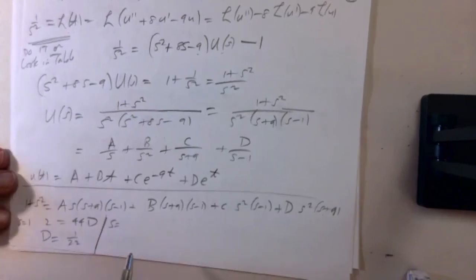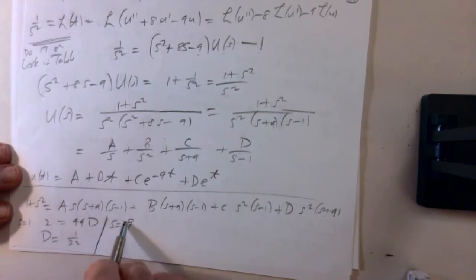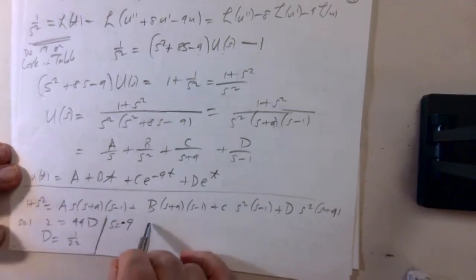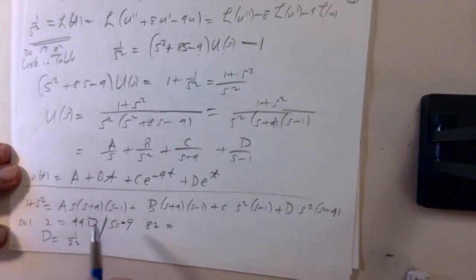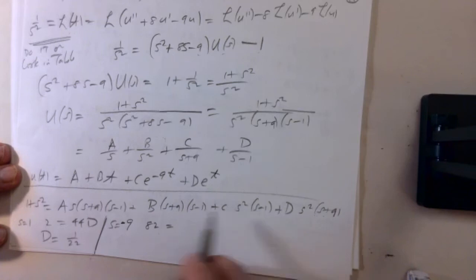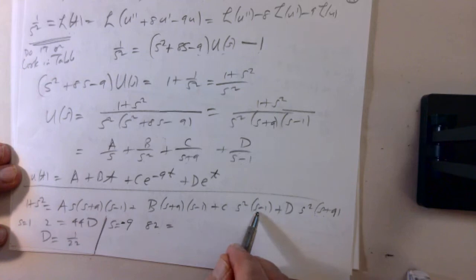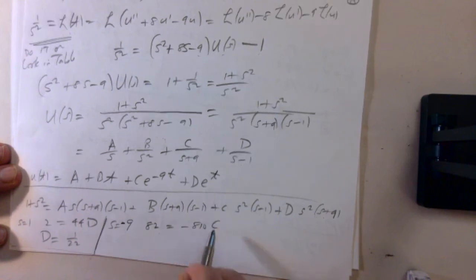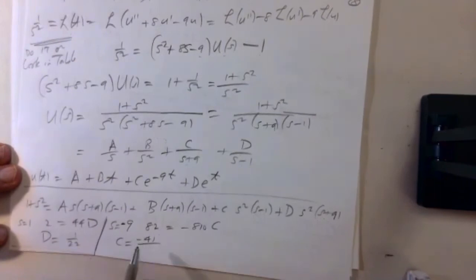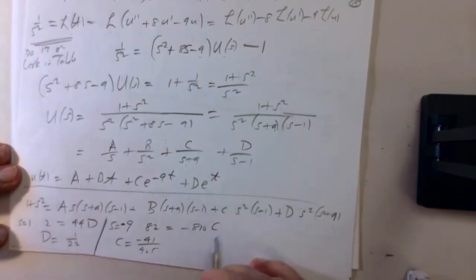By letting s equal minus 9, I get 81 plus 1. That's 82 equals, this is 0, this is 0, this is 0. So when s is minus 9, I get 81 times minus 10, minus 810c. So c is equal to this over this, minus 41 over 405.